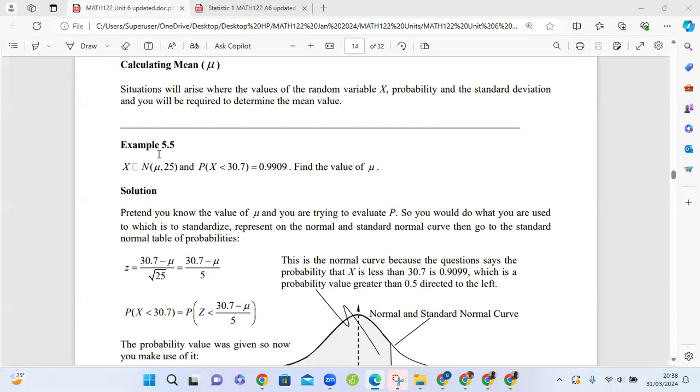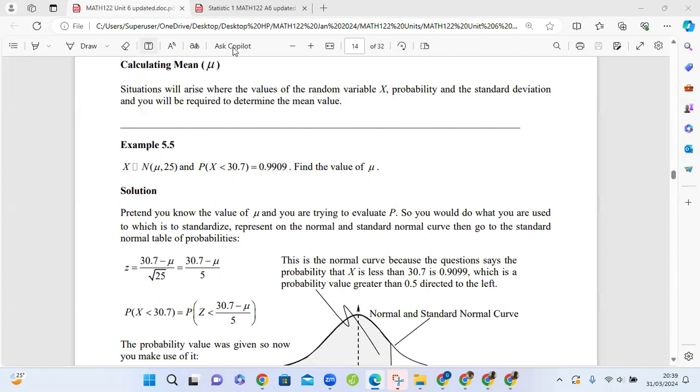For example, 5.5, where x approximates a normal distribution mu, and variance 25, and the probability of x, that random variable, less than 30.7 is equal to 0.9909. So you have to find the value of mu.